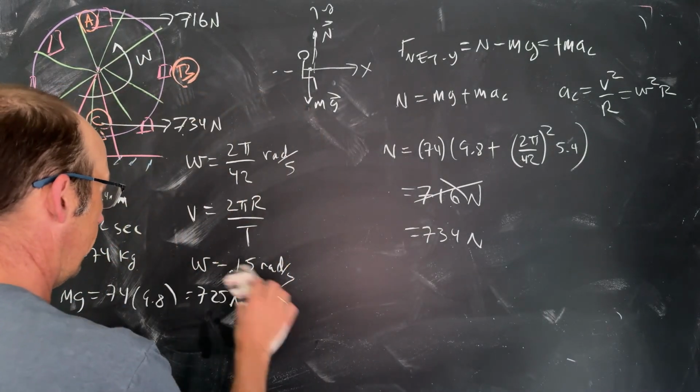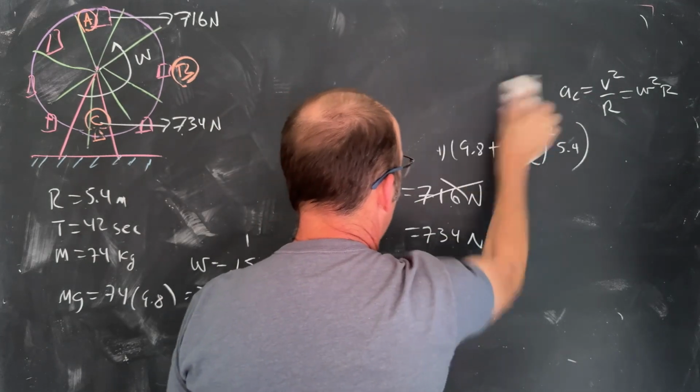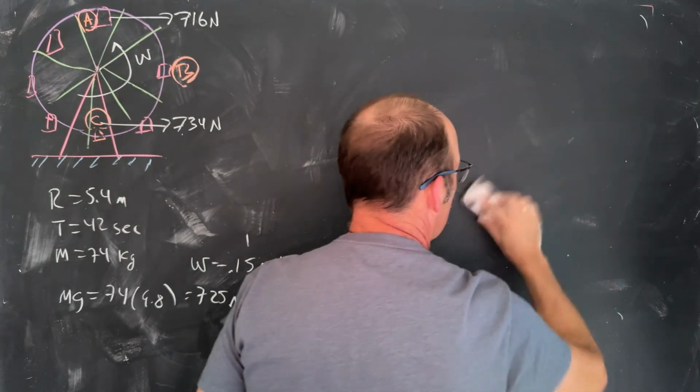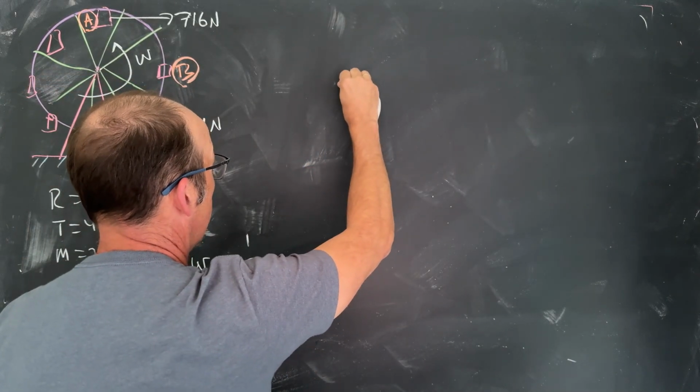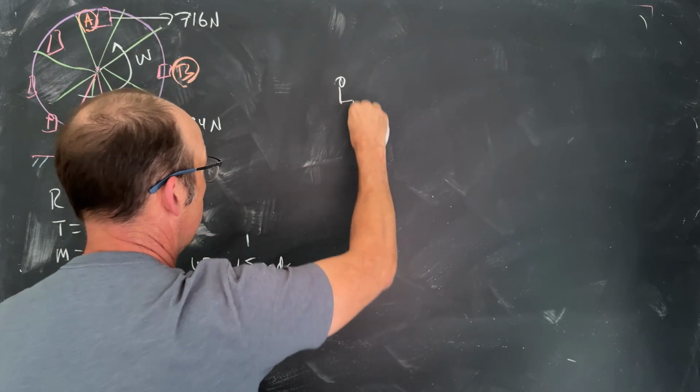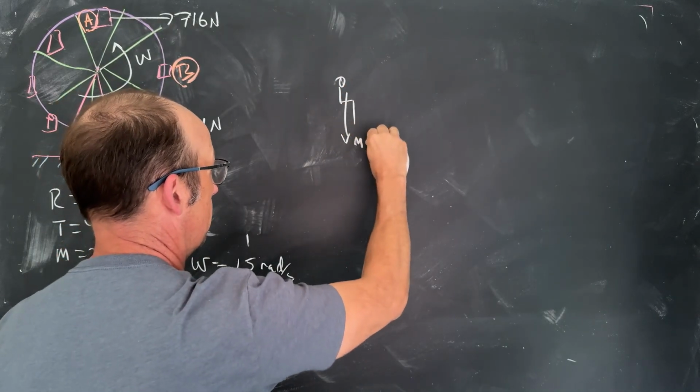Okay, so I don't need that. Let's just delete all this stuff. So here's my person at B, right there. Now I know I have a gravitational force mg.